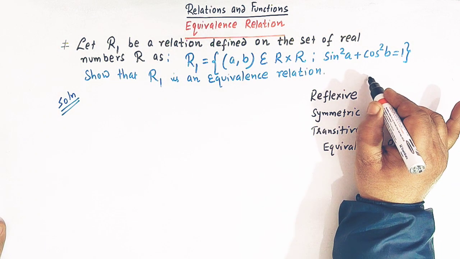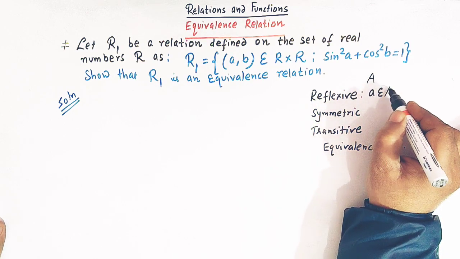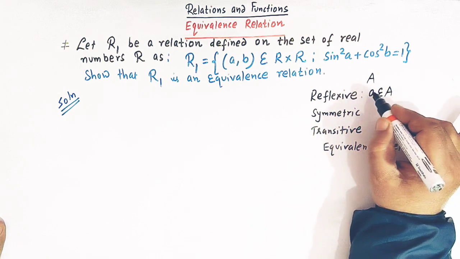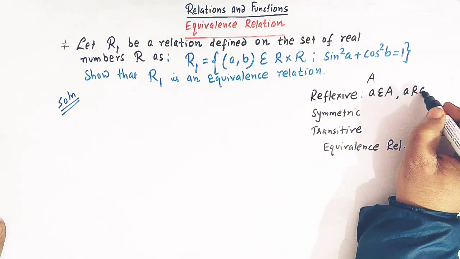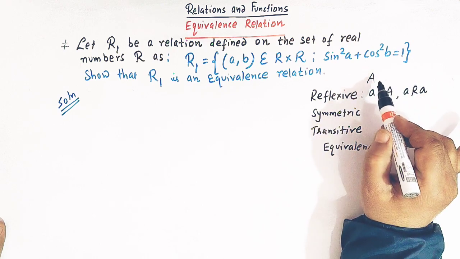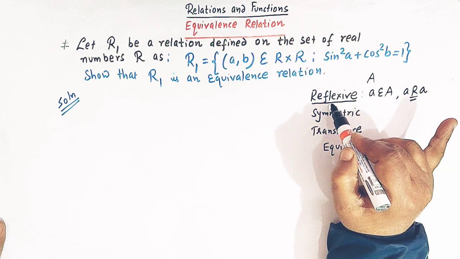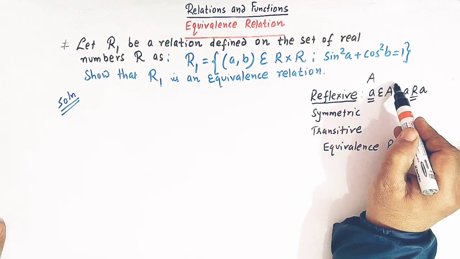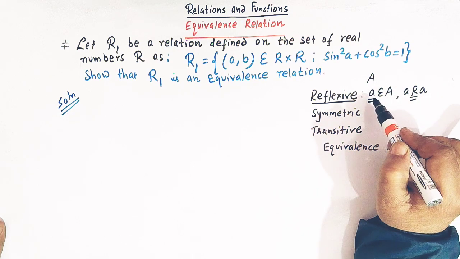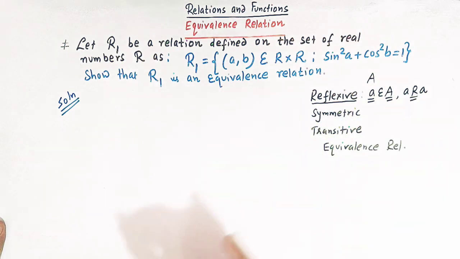Suppose we are given a set A, right? And if an element A belongs to the set A, and if each element of this set A is related to itself, that is A is related to A, then the relation R is said to be reflexive, right?